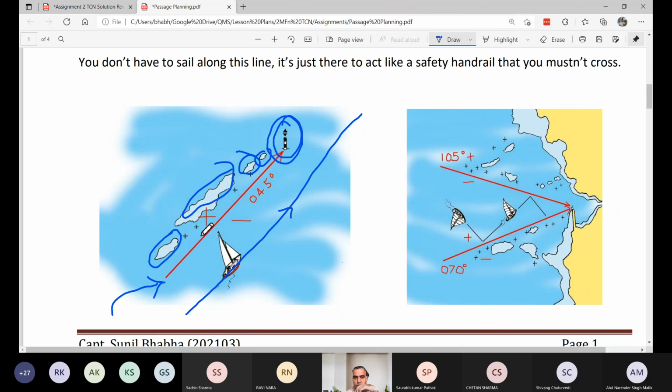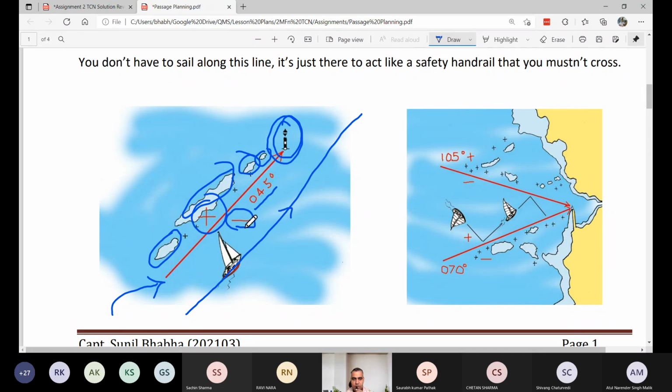Yes, sir. Okay. Now what you do is you measure the direction of this particular line from the compass rose. You get the direction 045. So what you do now is you see a minus written on one side and a plus written on one side.